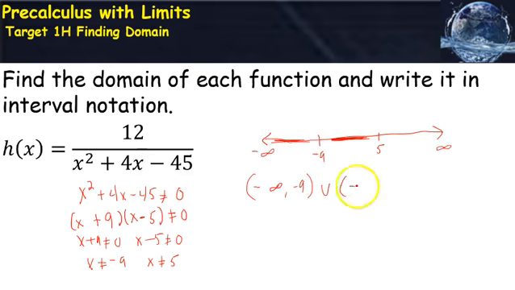So again, open on both of these, and now I have to say all the numbers after 5. So union 5 to infinity. Infinity is always open, and it can't be 9 or 5. So 5 has to be open, and these had to be open because it can't be negative 9 or 5. So that's it.